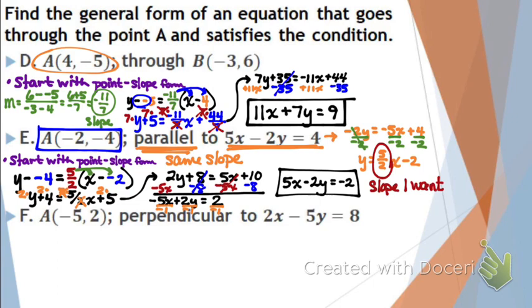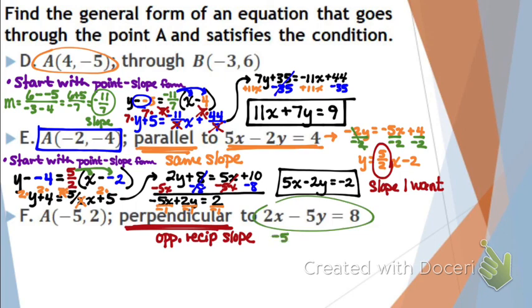What do I know on this last one? It is perpendicular. So what does that tell me? Opposite reciprocal slope. Which means I need the slope of this guy.